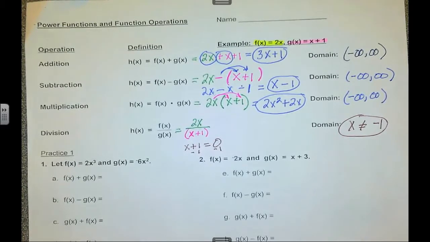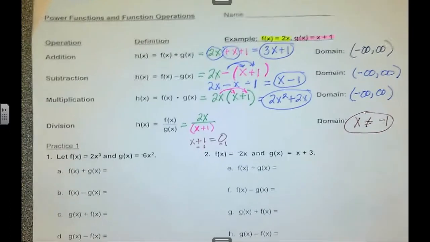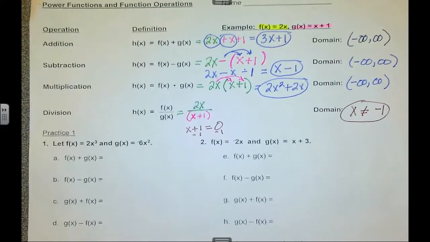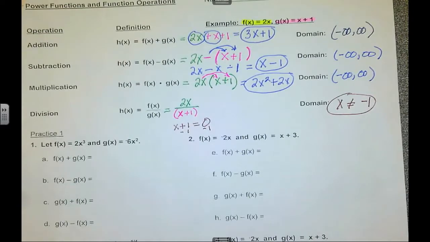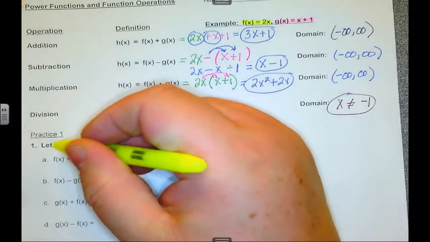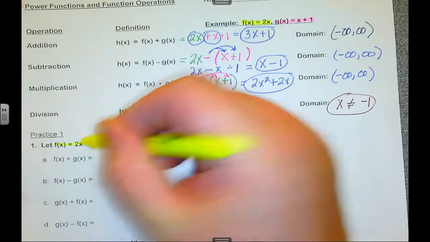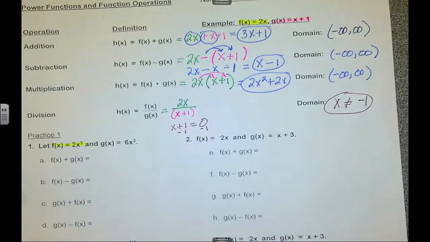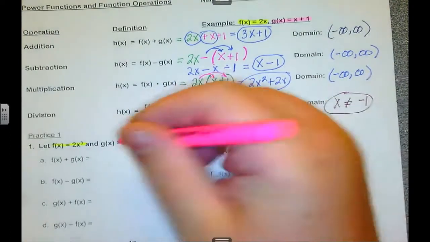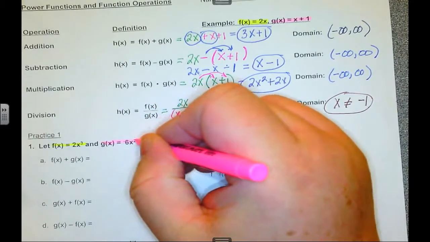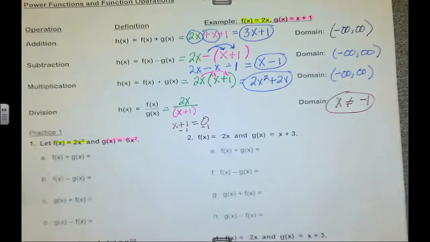Okay, ready to put some numbers to this? All right, f of x is 2x cubed. G of x, negative 6x squared. We're going to add these two.